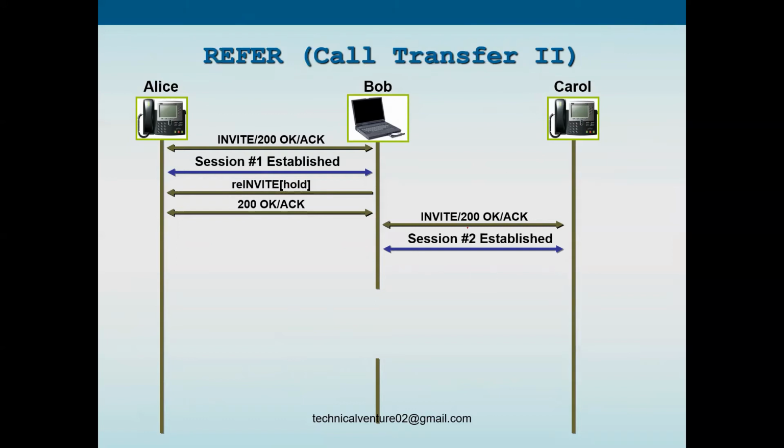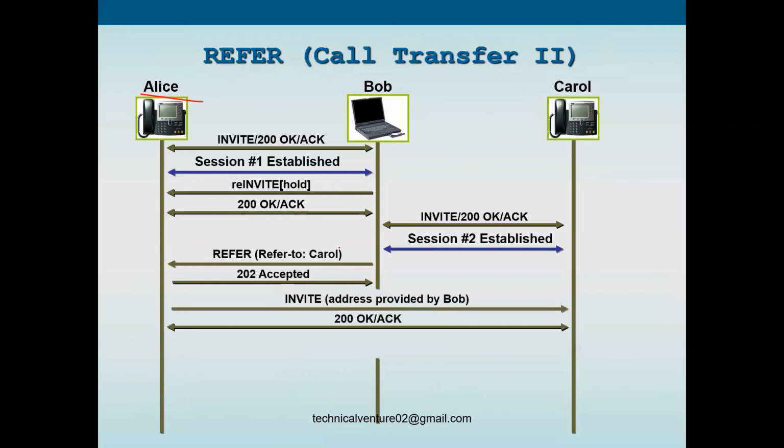After that, Bob sends a REFER request to Alice, like I'm referring you to Carol. So there will be a REFER to Carol, and then Alice will reply with 202, that is Accepted, meaning okay, I'm accepting this.